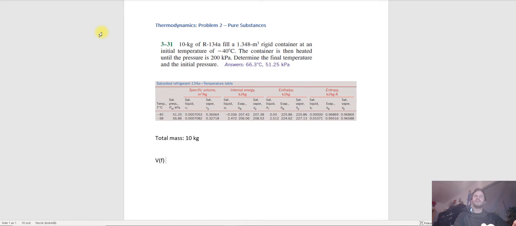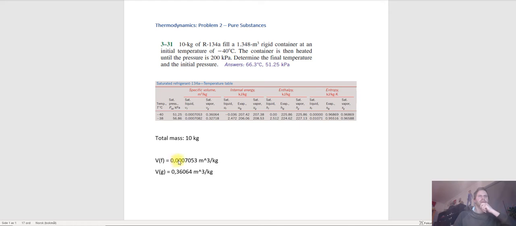The specific volume of the refrigerant in fluid form, vf, is 0.000753 cubic meters per kilo, and vg is 0.36064 cubic meters per kilo.